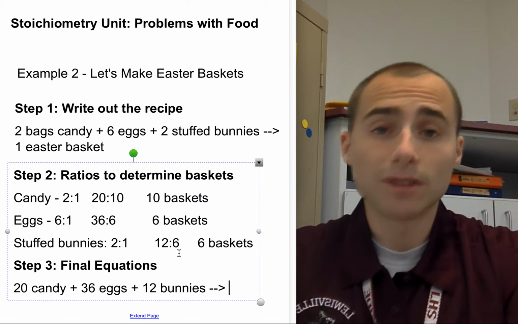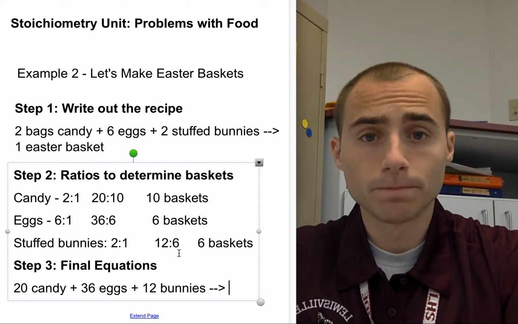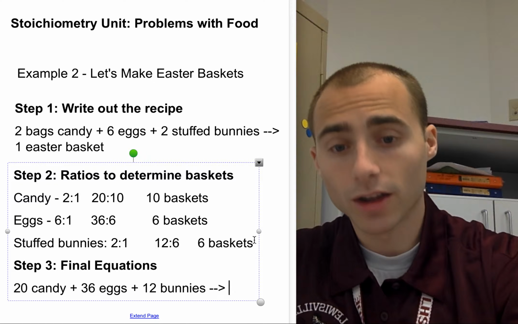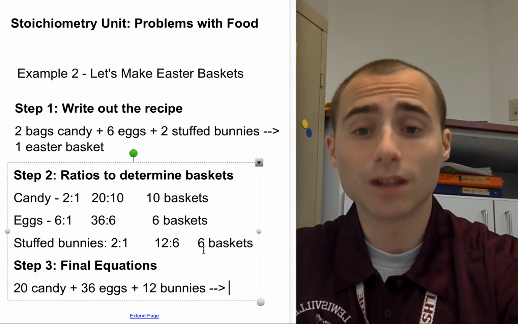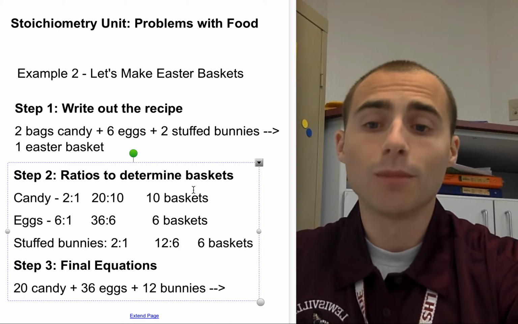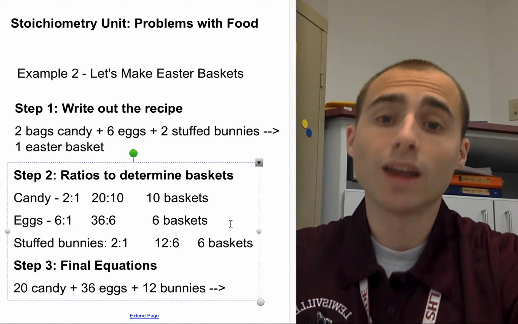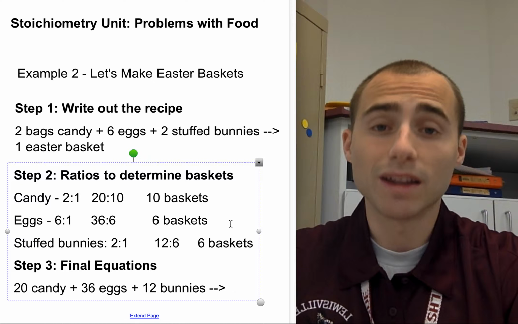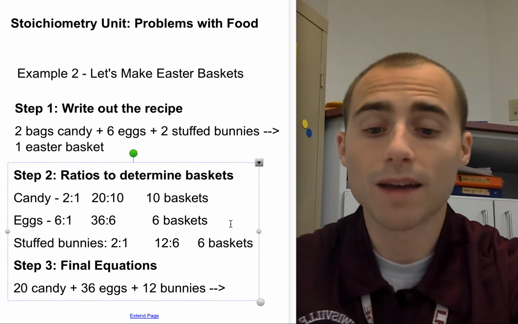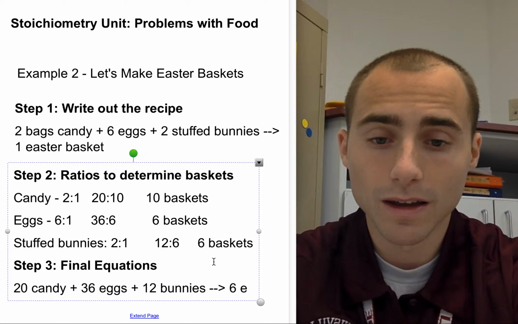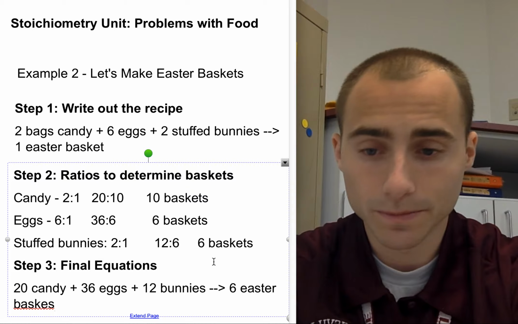If you said 6, you are correct. Because remember, we got to go with whichever one is the lowest. We're okay with leftovers, but if we tried to make 10 and we only had enough eggs and bunnies to make 6, a lot of the baskets wouldn't be complete, and that would be sad. So we have to go with the lowest. So that many candies plus eggs plus bunnies will produce 6 Easter baskets.